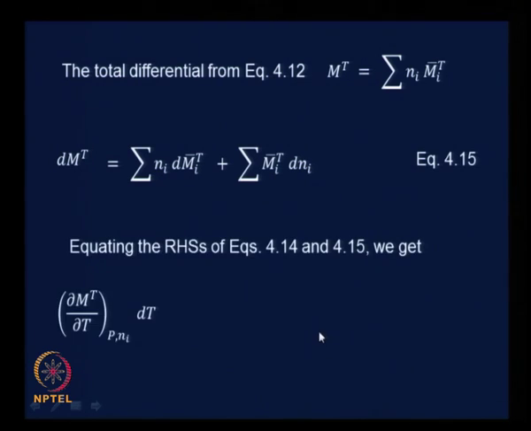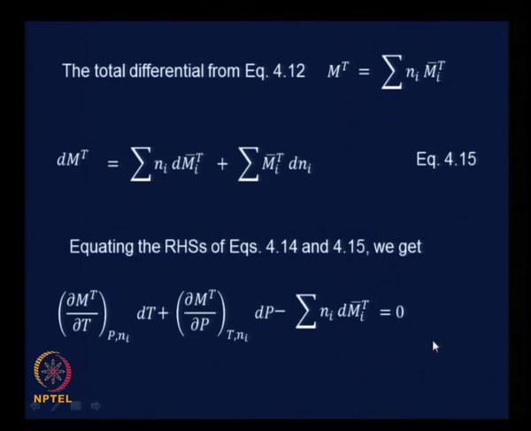You should have gotten ∂Mᵗ/∂T at constant P, Nᵢ dT, the same term as earlier, plus ∂Mᵗ/∂P at constant T, Nᵢ dP, again the same term as earlier, and what does not cancel gets transposed to give you minus summation of Nᵢ dM̄ᵢ. Therefore, ∂Mᵗ/∂T dT plus ∂Mᵗ/∂P dP minus summation of Nᵢ dM̄ᵢ equals 0.